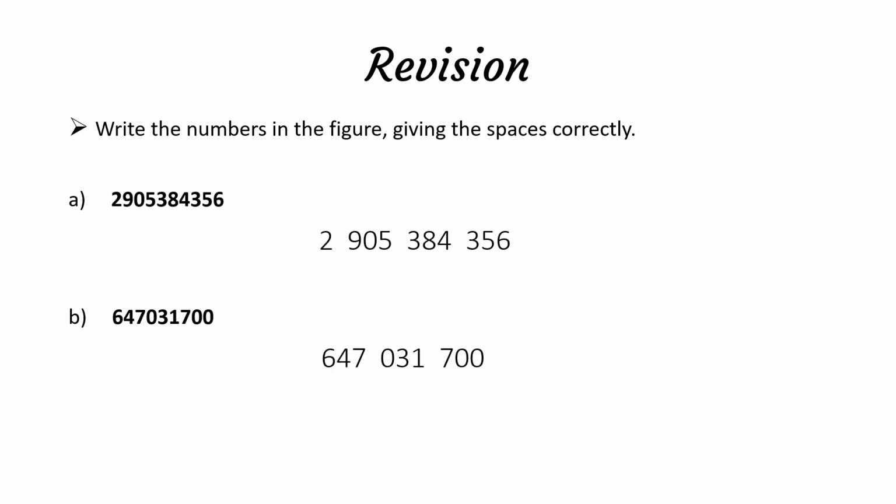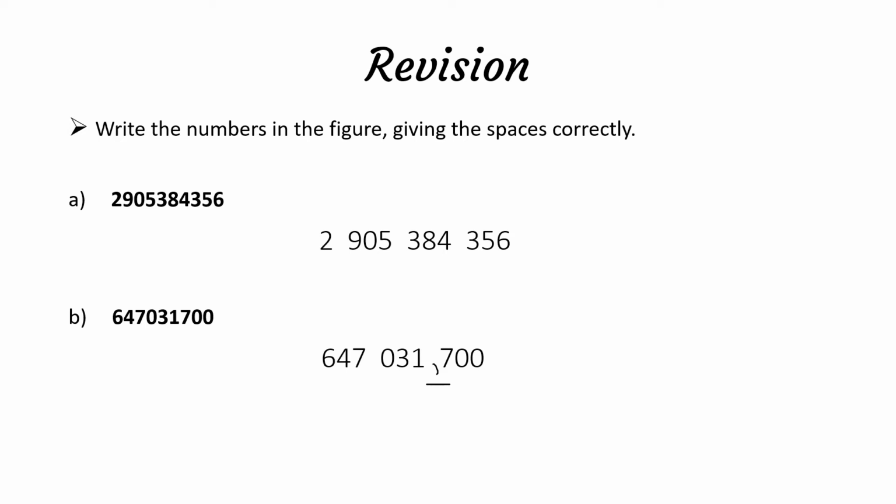Okay, so it will be written like this if we give the spaces. You can also use comma instead of the space. It's up to you. So this is how we write the numbers according to international number system, by giving spaces correctly. So one can easily identify that they are written in international number system.